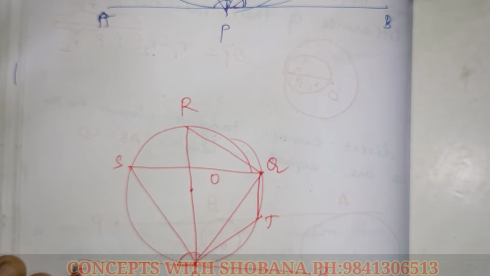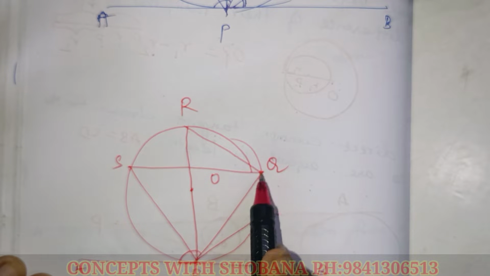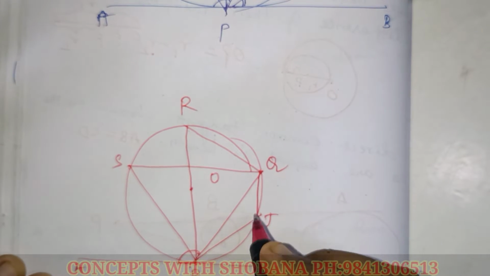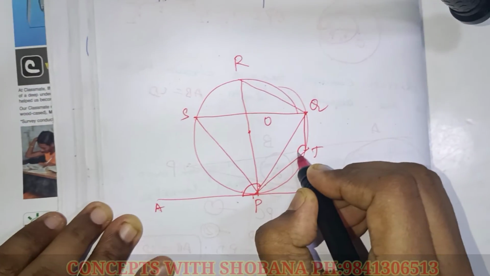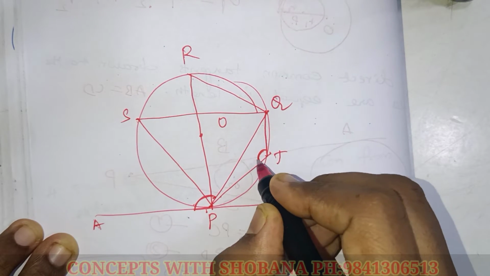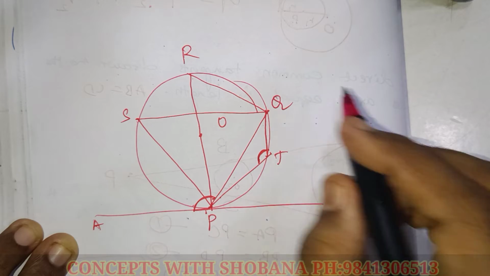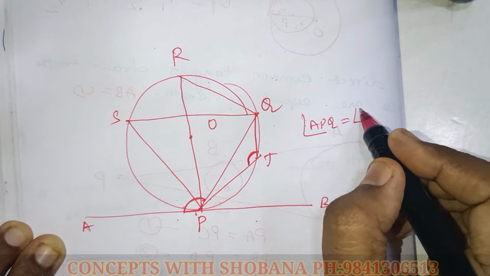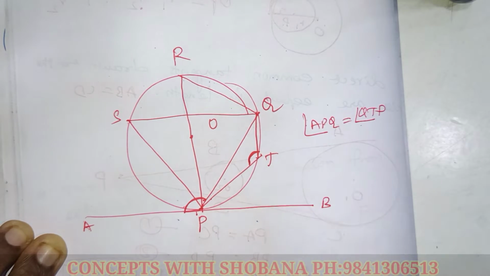Okay, the angle formed by the tangent and the chord is equal to the angle in the alternate segment. You can see these two angles are equal. That is, angle APQ is equal to angle QTP.